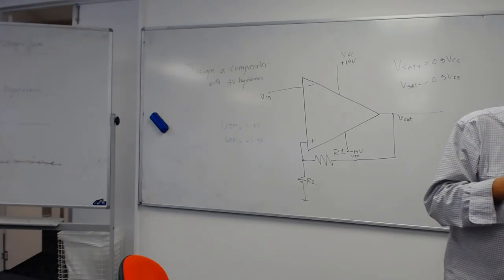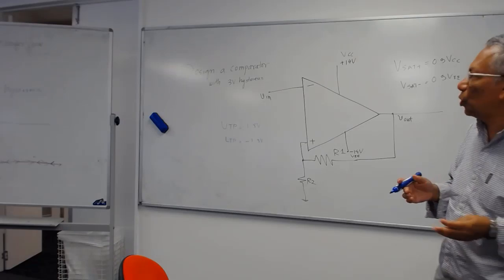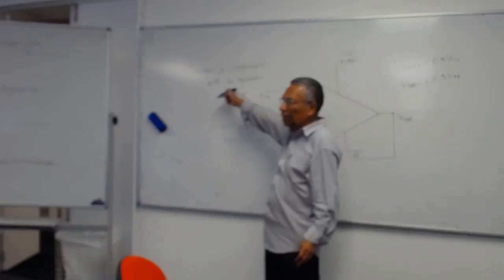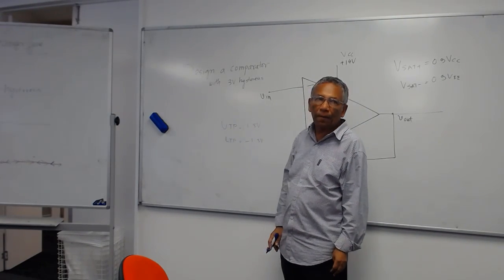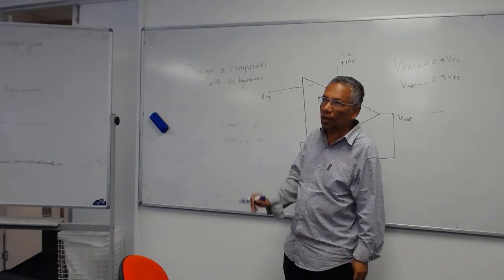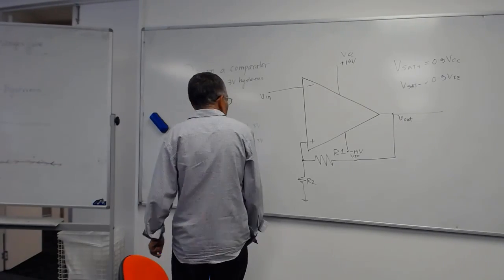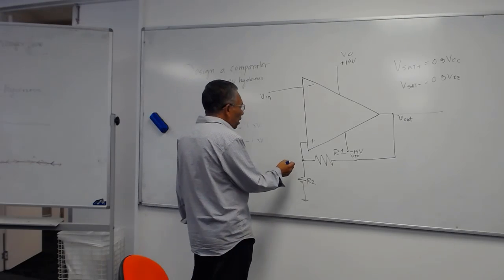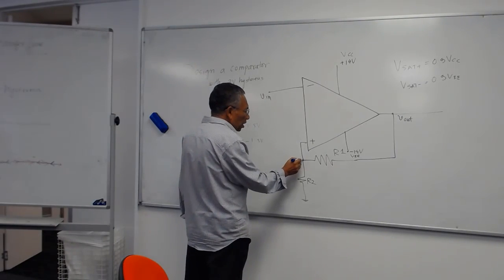Sometimes in the final exam, the students just use this one directly instead of this to calculate the resistances. So then basically you want 1.5 volts here.